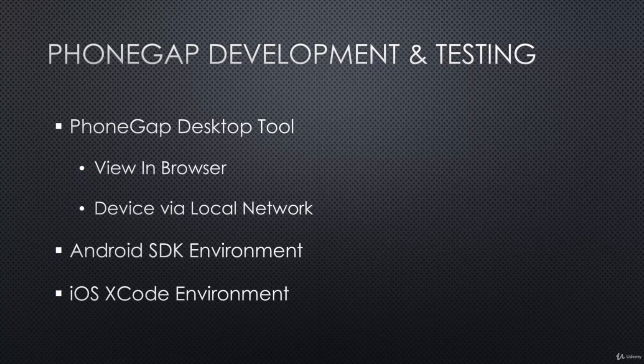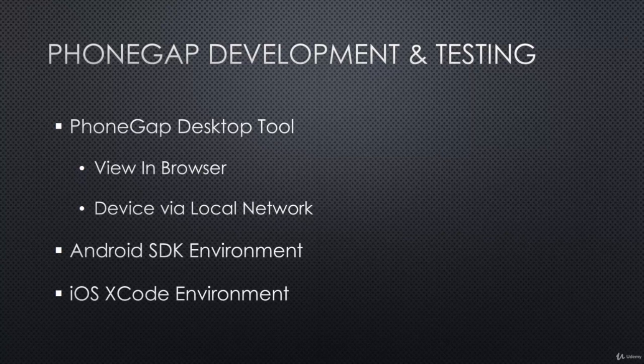You need to have either a Mac with OS X, or you can stream it directly to your device using the PhoneGap desktop application. Okay, and we'll go over that. And for Windows, when you're testing on Android, you need to have the Android SDK installed along with an Android virtual device, and we'll get that set up later as well.